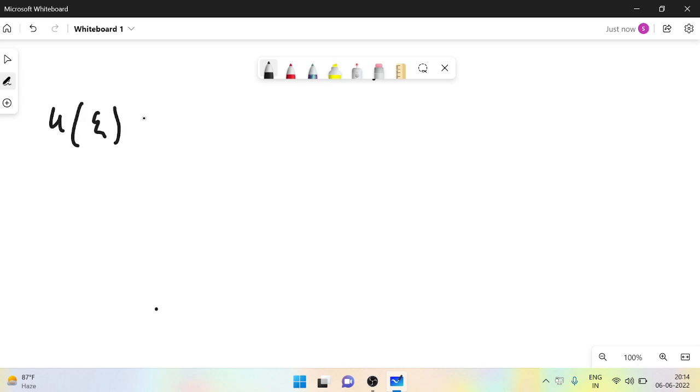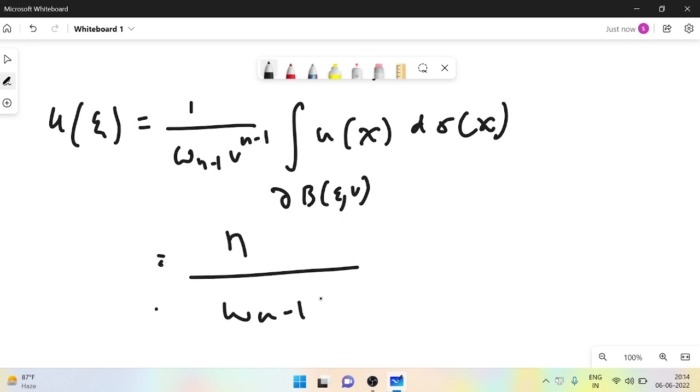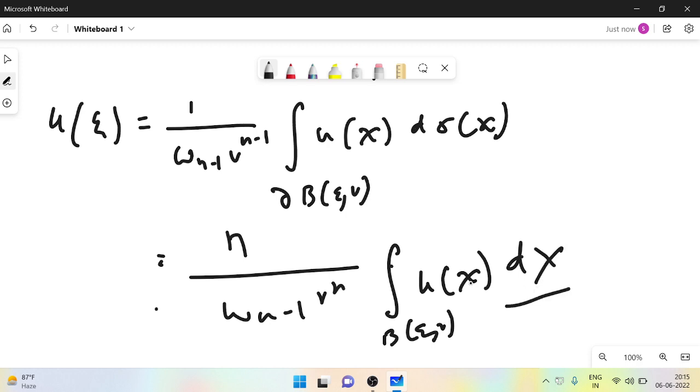So u of epsilon equals 1 by omega n minus 1, which is the area of the unit ball in n minus 1th dimension, times the integral over the unit sphere in n dimensions.